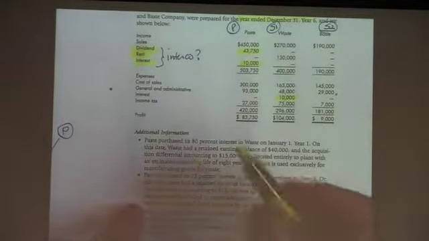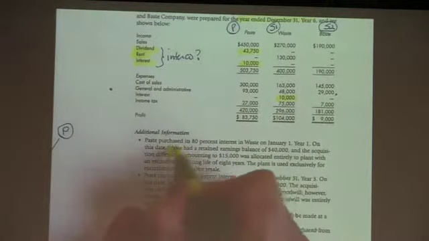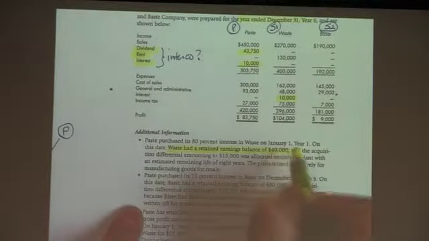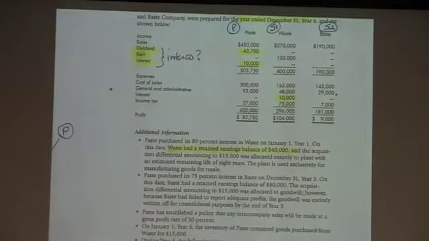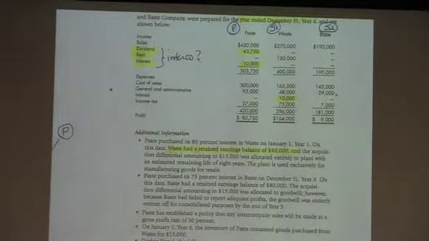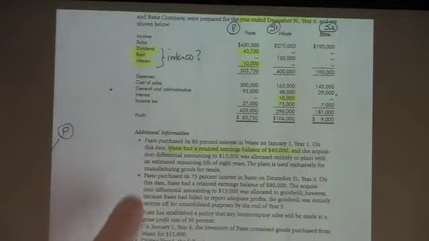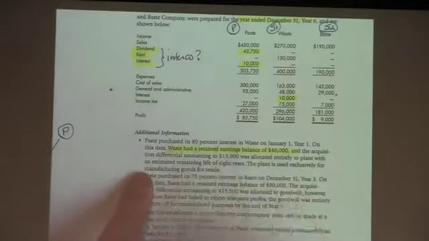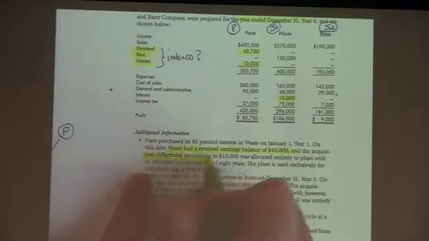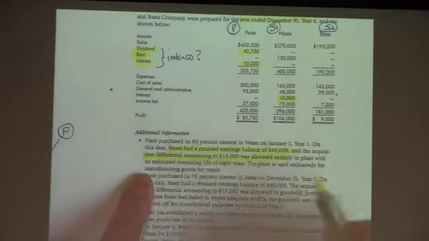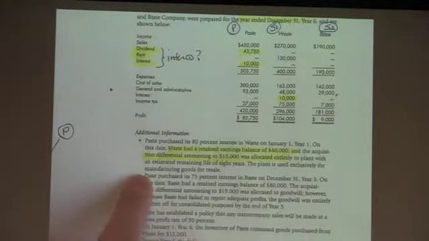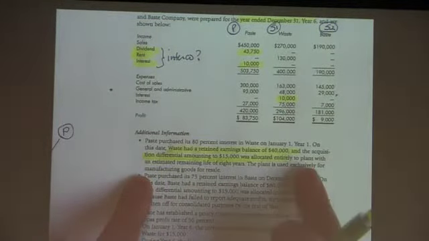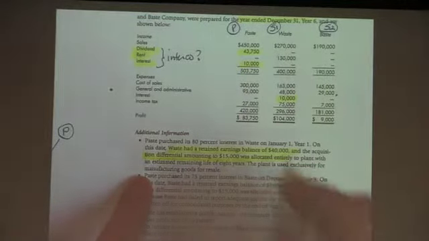This is the date of acquisition, which is going to be extremely important because we're hopefully going to calculate the purchase price discrepancy in the original acquisition from P to W. But here, we were given the fact that they've already calculated the acquisition differential, and they said the 15,000 was allocated entirely to plant with an estimated remaining life of 8 years.